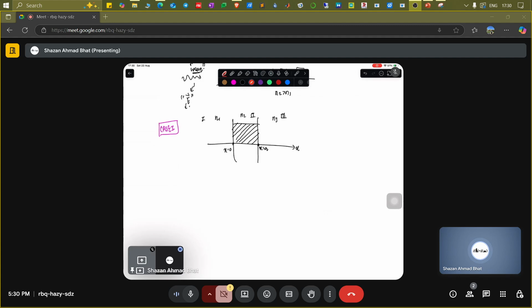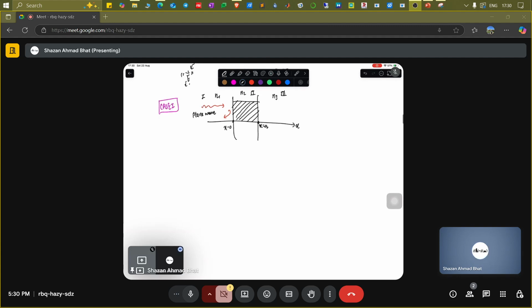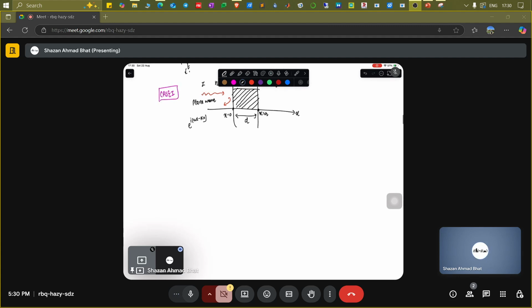If you assume that some electromagnetic wave is coming in, you will get some kind of reflection. You assume all the electromagnetic waves to be plane waves, a solution of Maxwell's equations. That means it is represented by some e to the power i(omega t minus kx). And let's say this dimension is d, the thickness of this particular refractive index material.